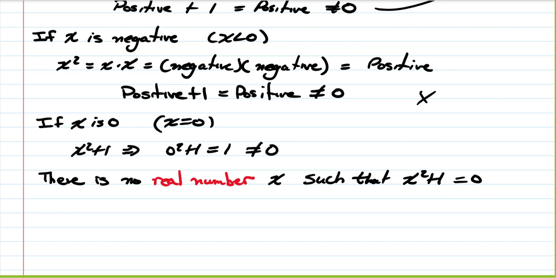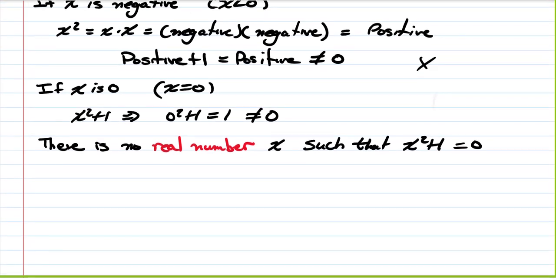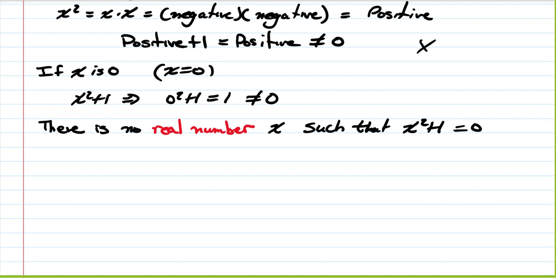We checked all the possible cases, which was x was positive, x was negative, and x was 0, and none of them were a solution to this equation. So we're going to do something that mathematicians and scientists do all the time.